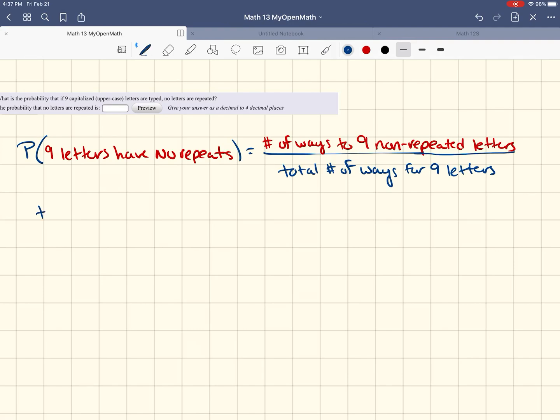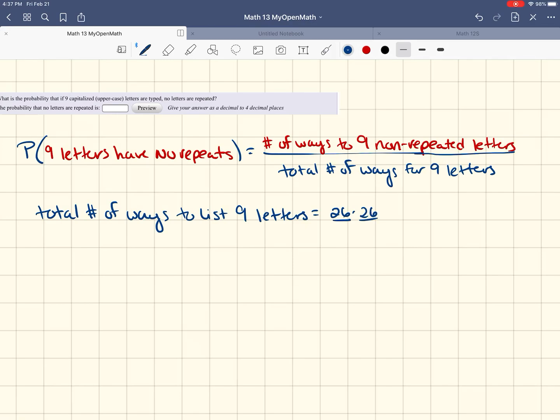All right, let's do the denominator first. So the total number of ways to list any 9 letters is this. We have 26 choices for the first letter, and this is the total.